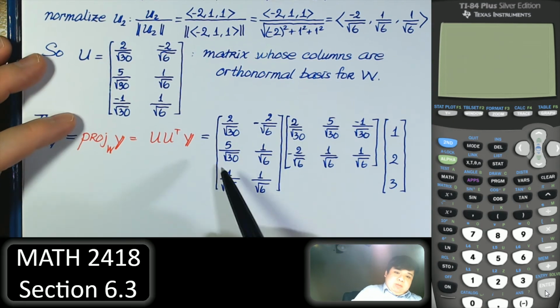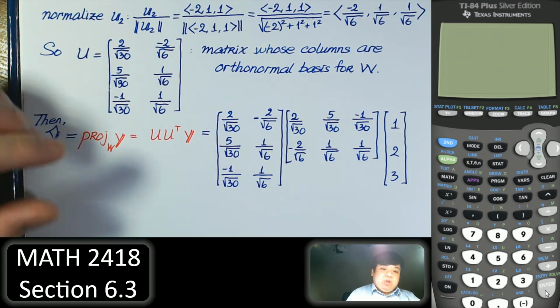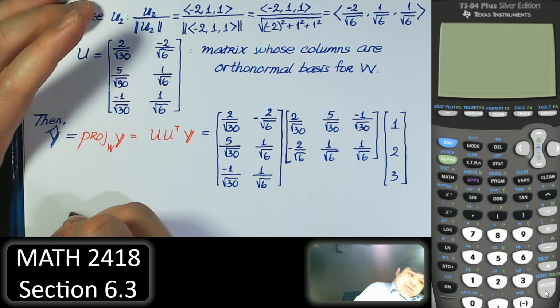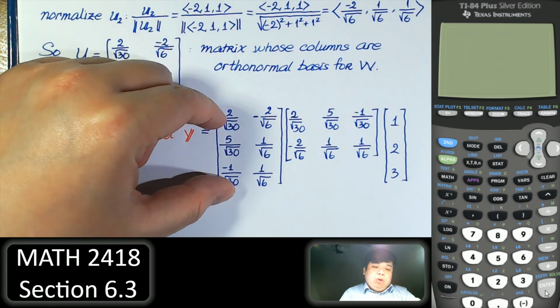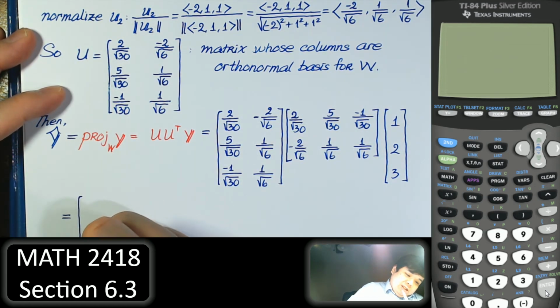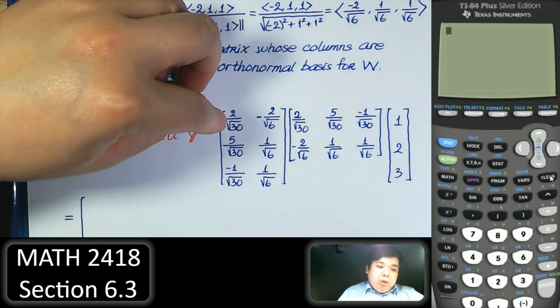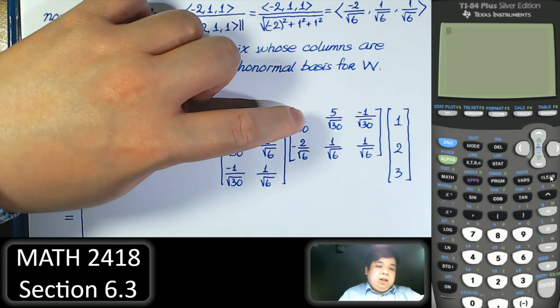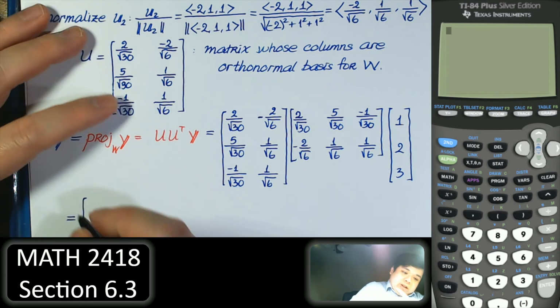Let's multiply this matrix first because a bunch of square roots when multiplied together should cancel out. And 3 rows, 2 columns, so it's going to be a 3 by 3. 2 over square root of 30 times 2 over square root of 30, that is 4 over 30.